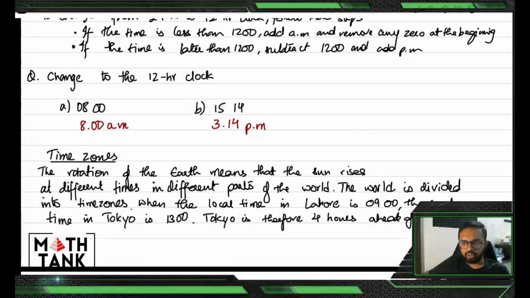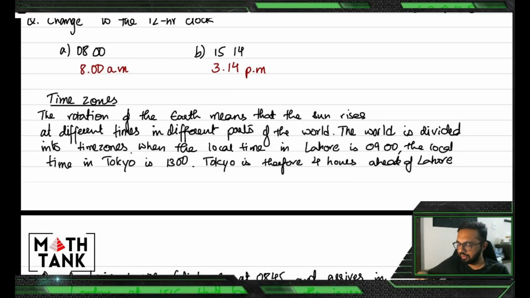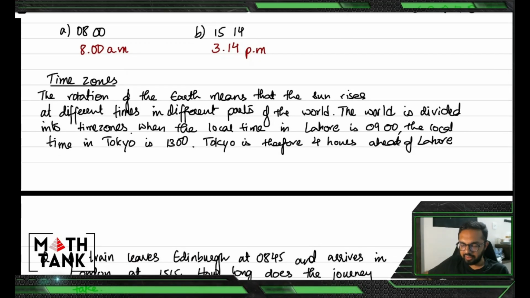Okay, the important thing about reading times is the time zones. As you know, the world is divided into different time zones, so that for example, when the local time in Lahore is 900, the local time in Tokyo is 1300.